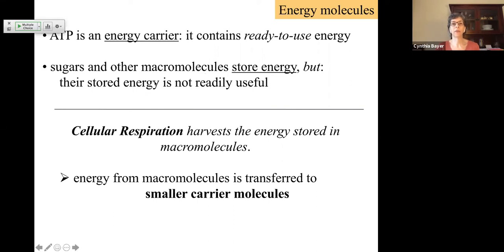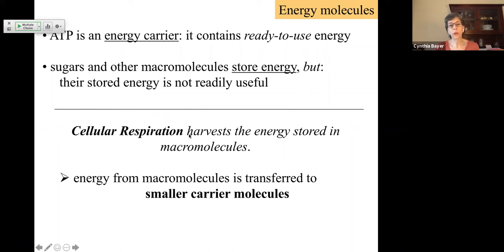bonds. But that stored energy can't be used to do any work of the cell unless that energy is extracted from those macromolecules and transferred to the energy carrier, the mobile ready to use energy carrier ATP.